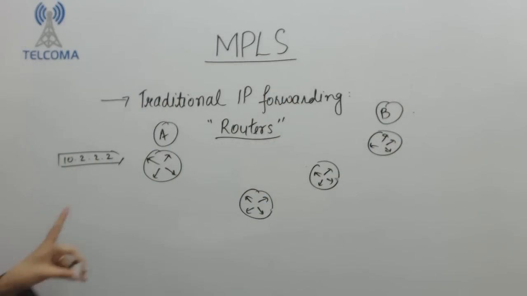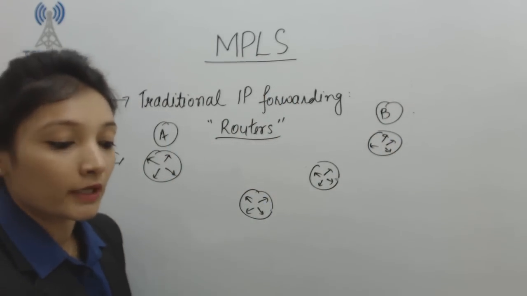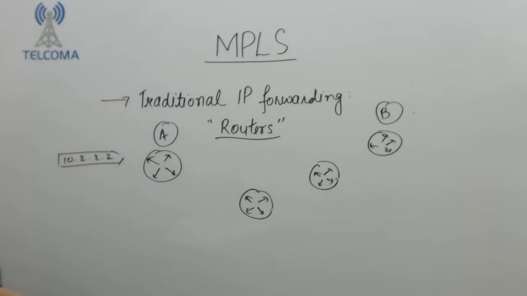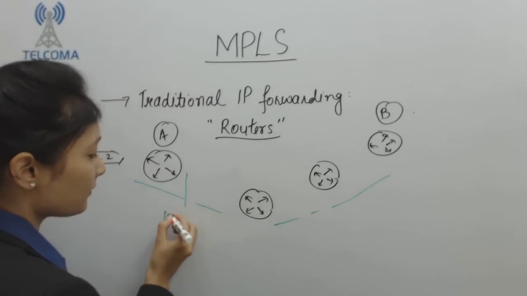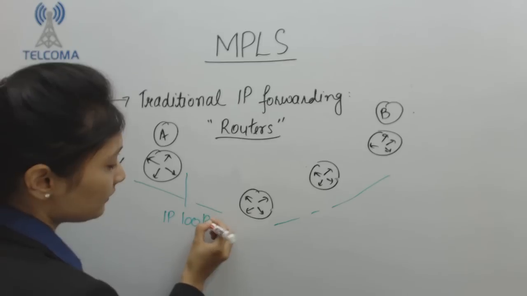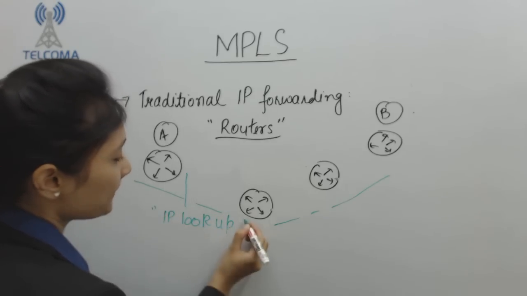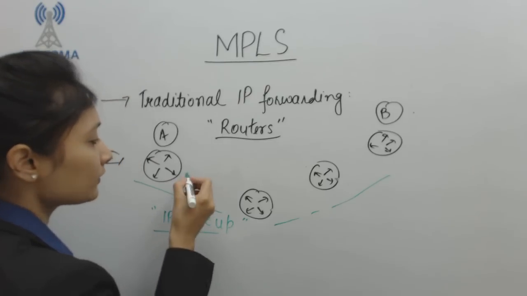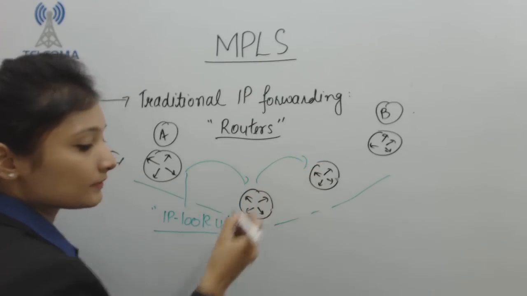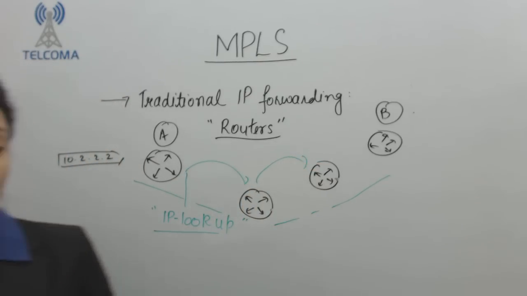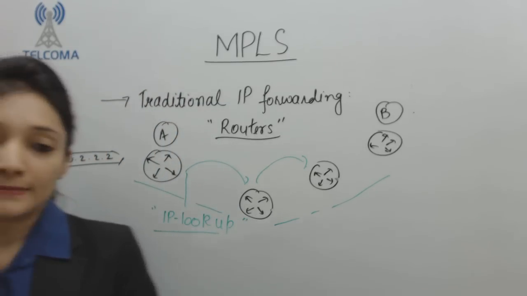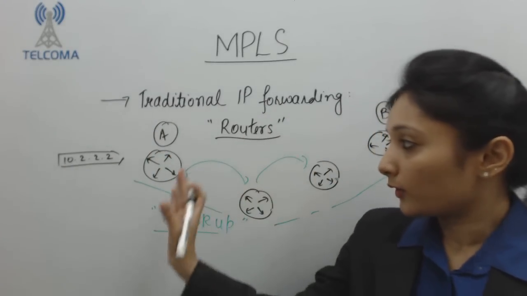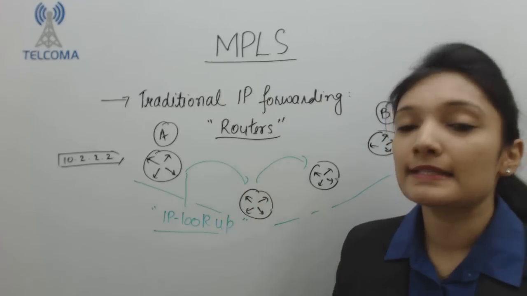Each of the routers falling in the path will perform an IP lookup. That means it has to find out to which next hop it has to forward the data packet. So we can say that this forwarding is based on destination address.